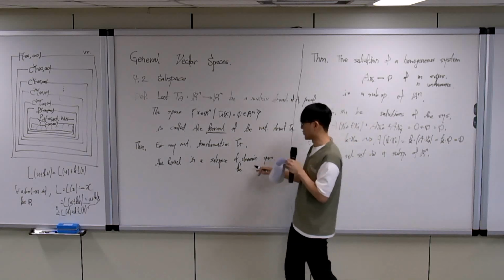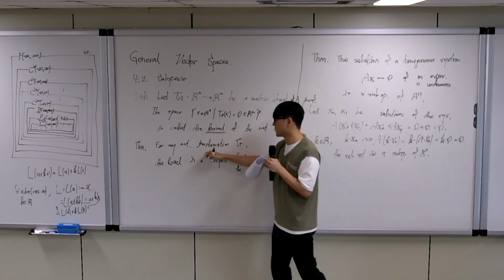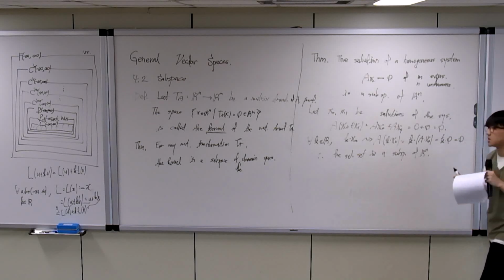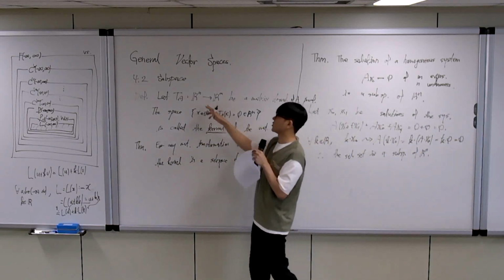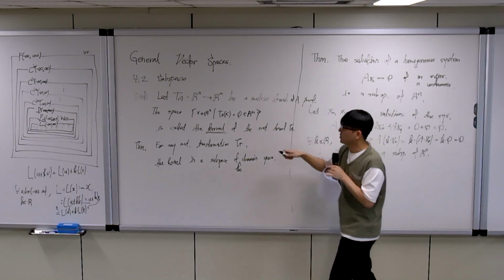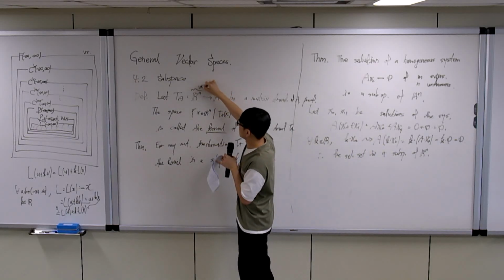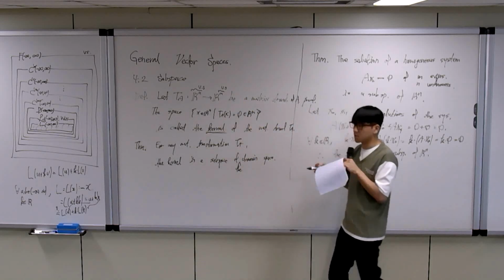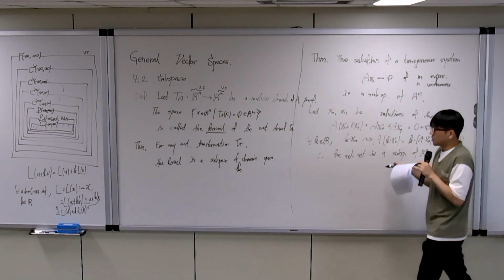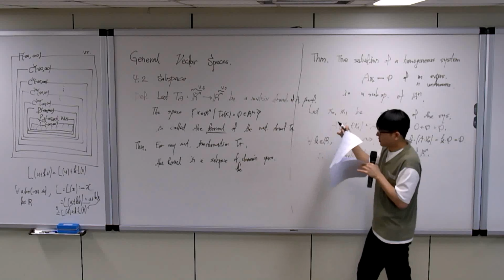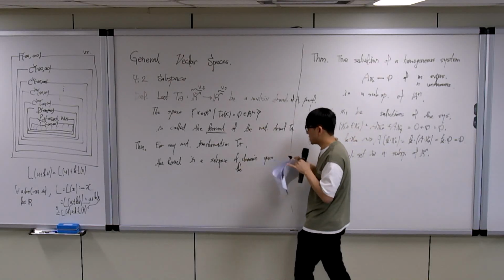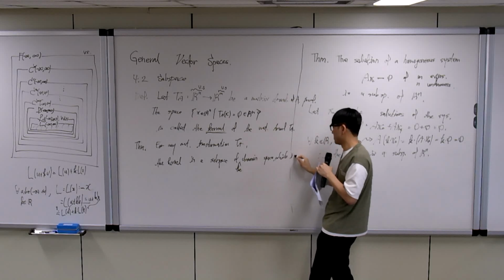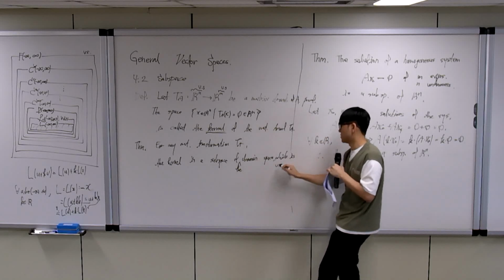In the transformation case, the domain and codomain spaces are R to the N to R to the M, and this is a vector space, and the codomain is also a vector space. So in this case, the domain space is a vector space.